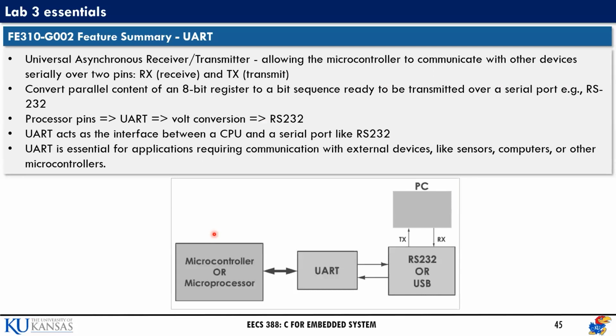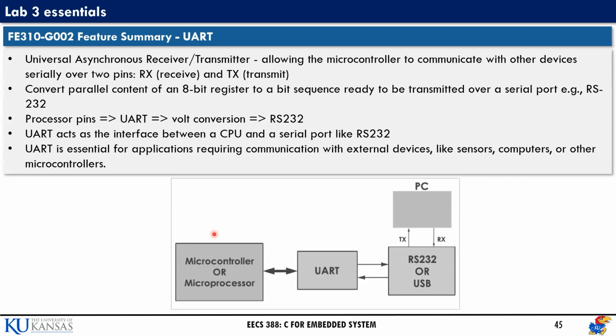So lab 3 is all about using a UART, that is Universal Asynchronous Receiver and Transmitter. It is a piece of computer hardware that translates data between parallel and serial forms. UARTs are very essential for implementing the serial communication capabilities of a device, allowing it to communicate over a serial port.